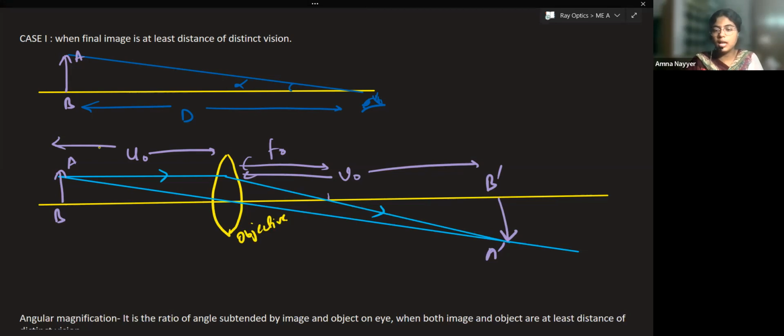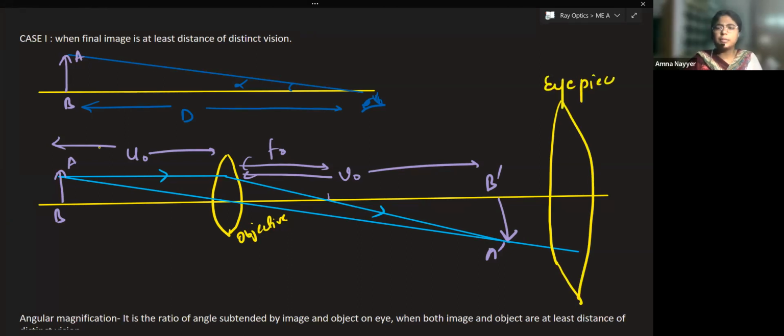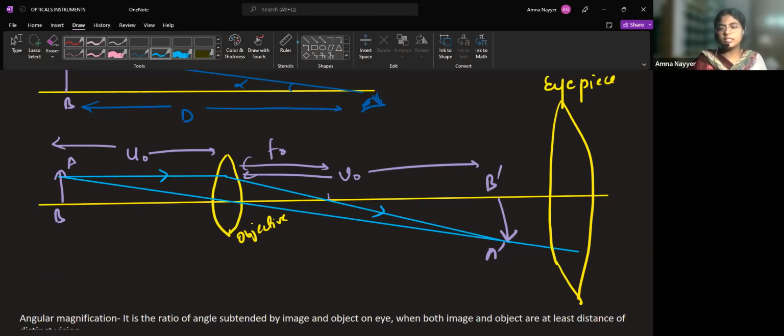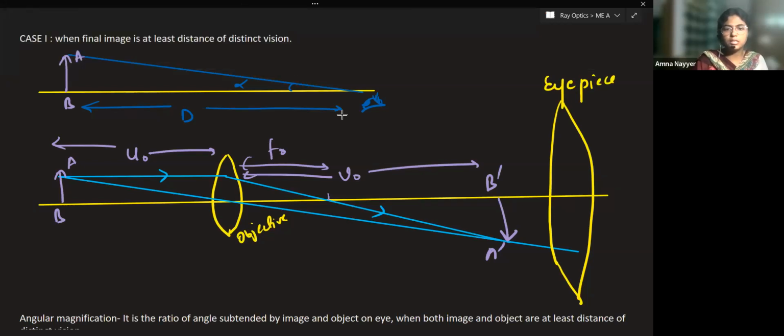So you will have a bigger lens, which will be referred to as the eyepiece. You can say eye lens is also said. Draw it properly. I have not drawn it. Now see what will happen to the rays. These set of rays will actually get refracted, but it will become difficult to show it, so I'm drawing it directly.